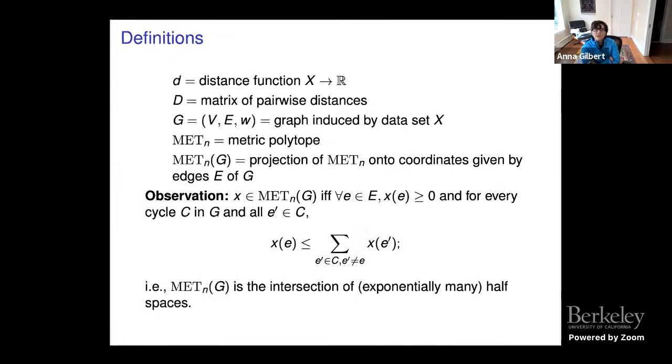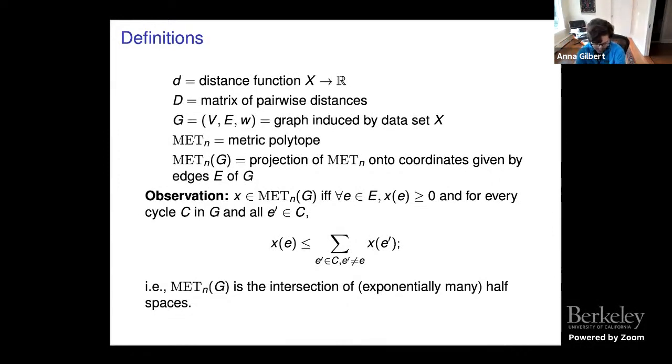I'm going to give some precise definitions now so we can set up the statements of these problems. I have a distance function, from x cross x into R. It measures how far points are from one another. I could alternatively represent that in a matrix, capital D, of pairwise distances. Sometimes I operate on a graph G, which is a weighted graph induced by the data set, where the weights are the distances amongst the data points.